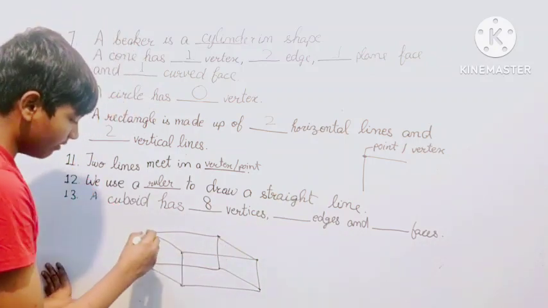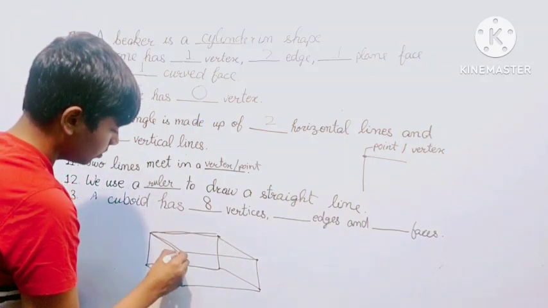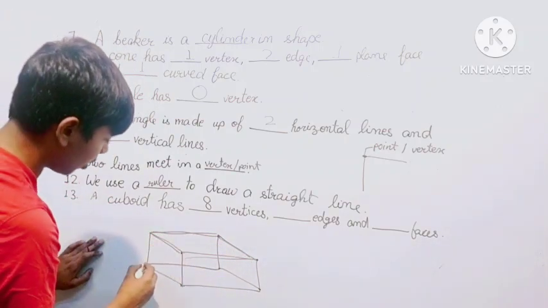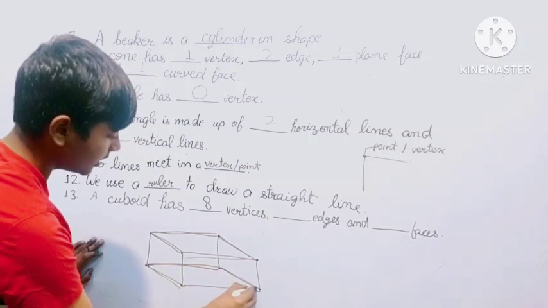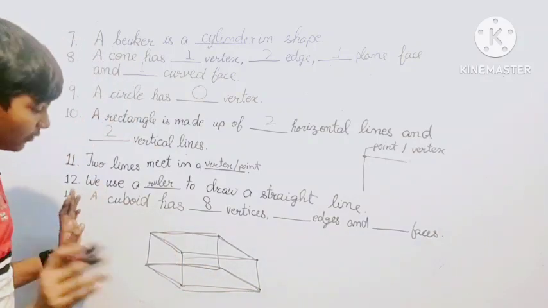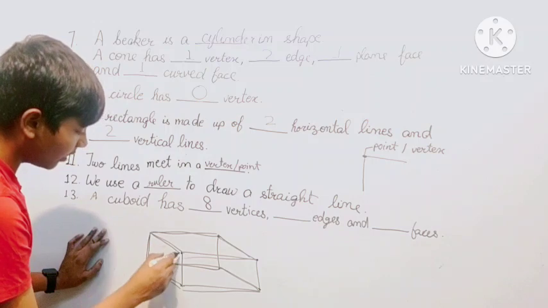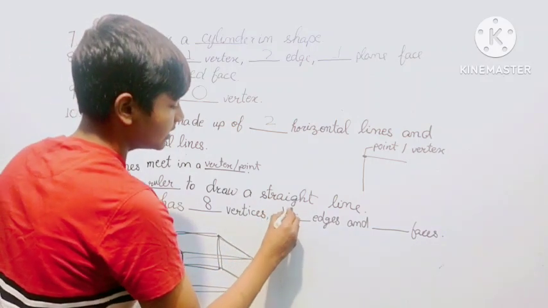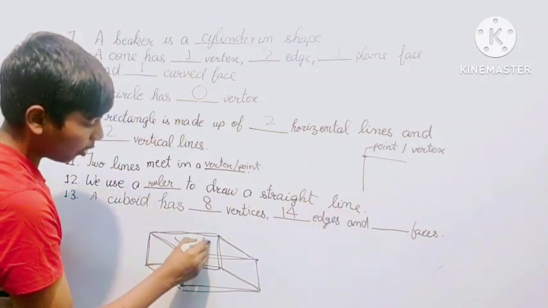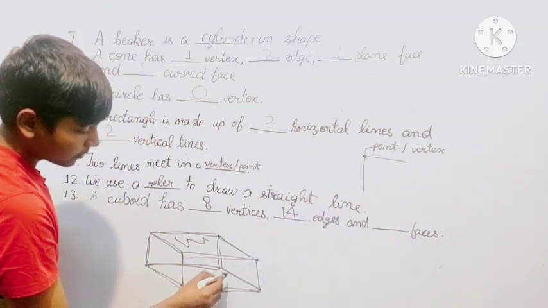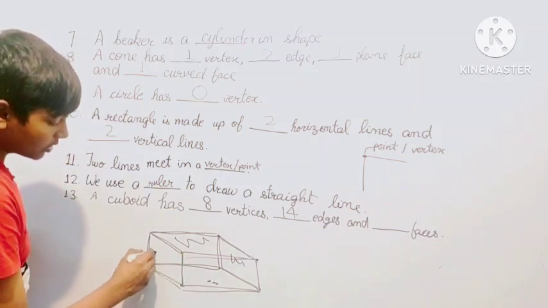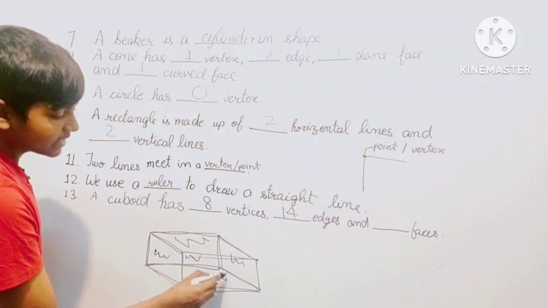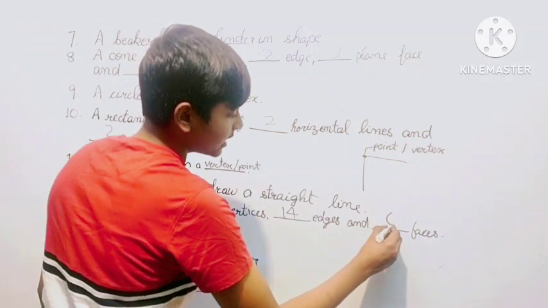How many edges does it have? 1, 2, 3, 4. 4 on top, 4 on bottom. So 1, 2, 3 and 4. They have 8 edges, and 4 on this side: 1, 2, 3, 4. So 8 plus 4 would be 12 edges. And one face on top and one face on bottom, one face on both of the sides. So there are 4 faces, one face at the back and one face at the front. That means there would be 6 faces.